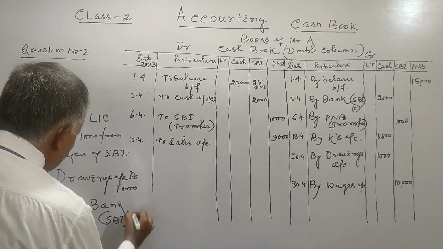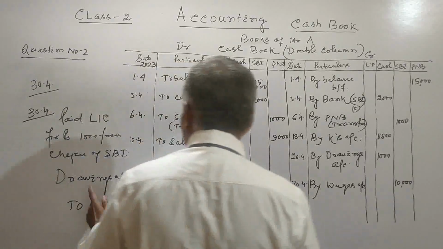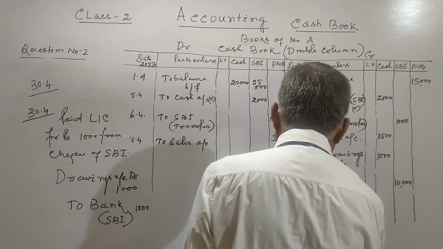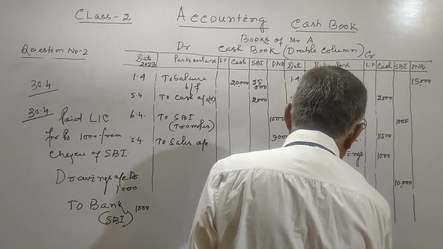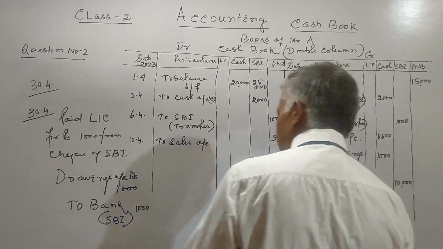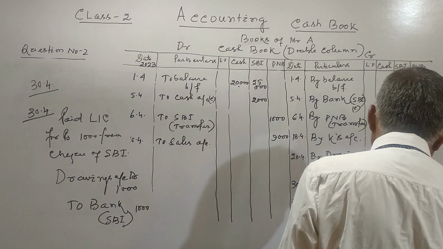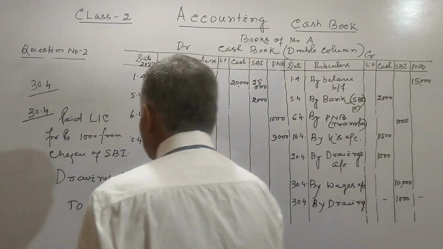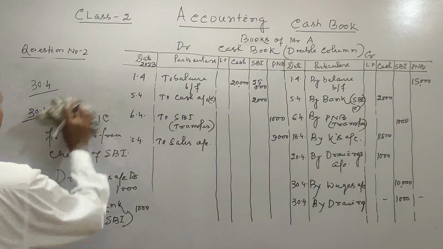It is also 1000. Right? Now we can write 34 by drawings, SBI 1000. Okay, so this is the journal entry here.